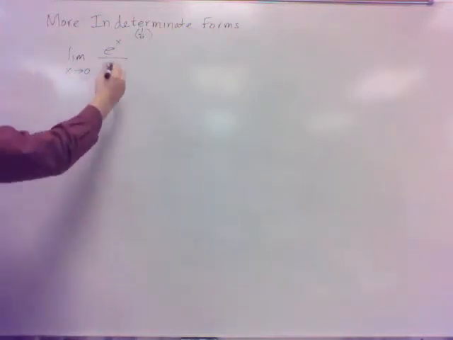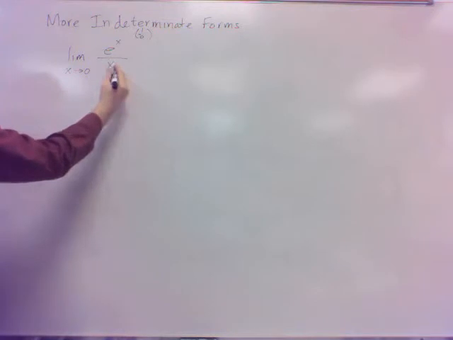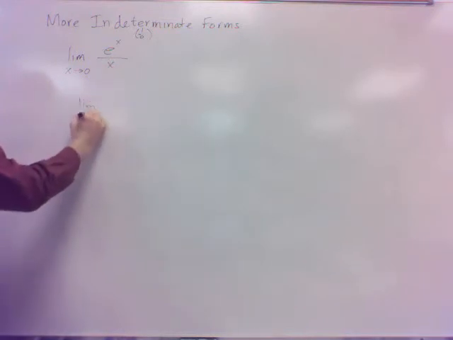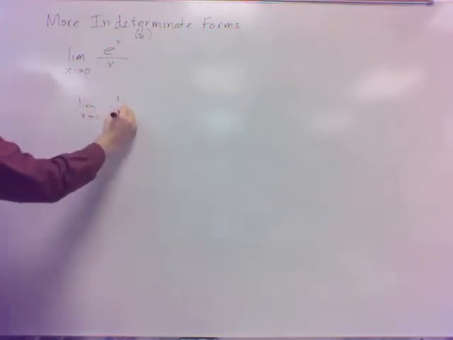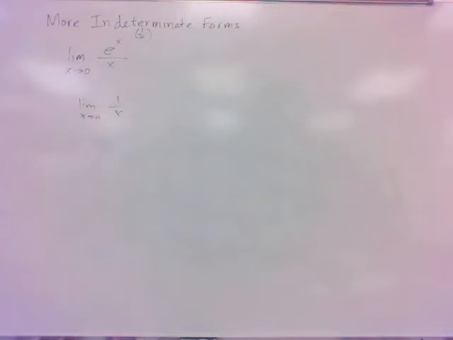If you think about it here, the top's going to 1, but the bottom going to 0. Well, it's very similar to if I just have 1 over x. It's very similar to that because the top's going to 1, so the top being 1 is basically the same thing.